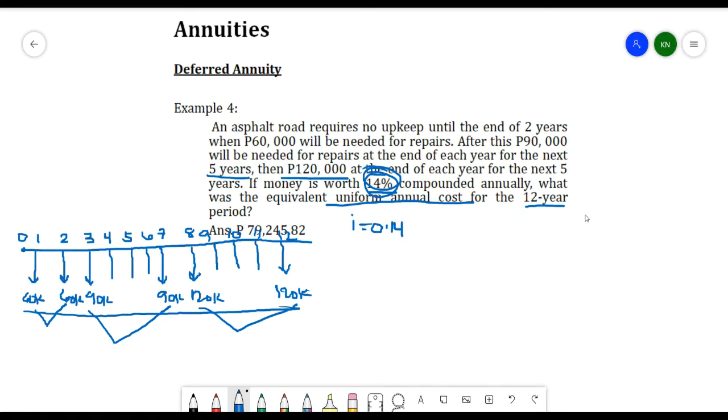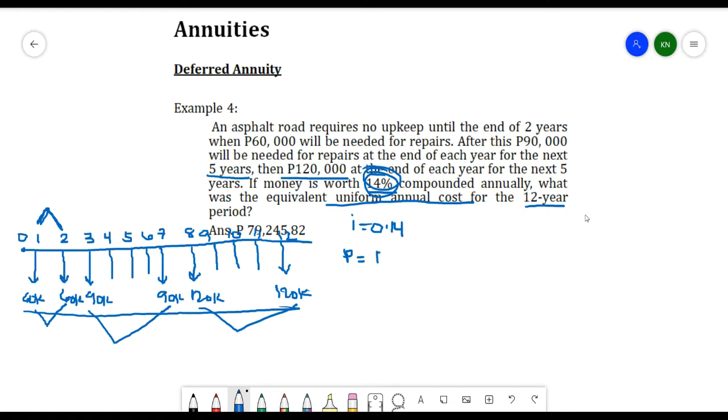And for the 60K, from the first 2 years, there is no upkeep made. So meaning to say, we can use the formula of our compound interest. So we have P is equivalent to F times 60K. F is our 60K. Let's just write the formula first.